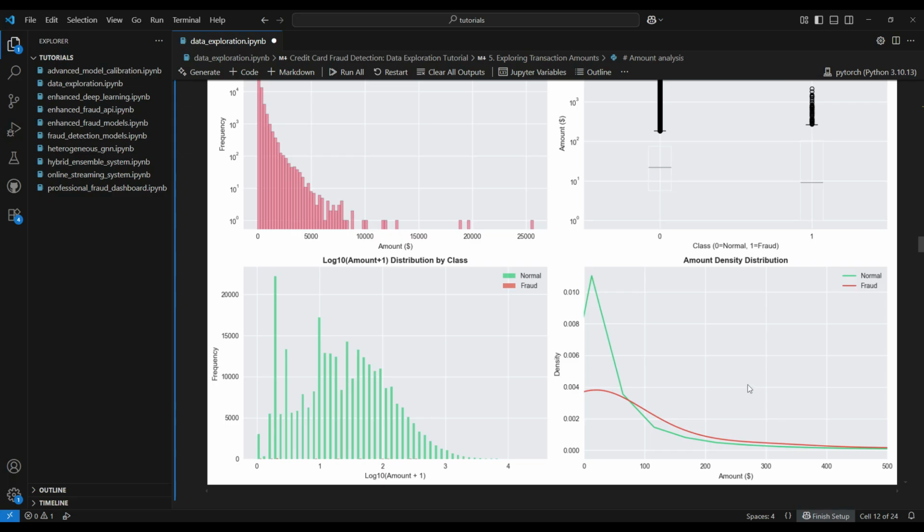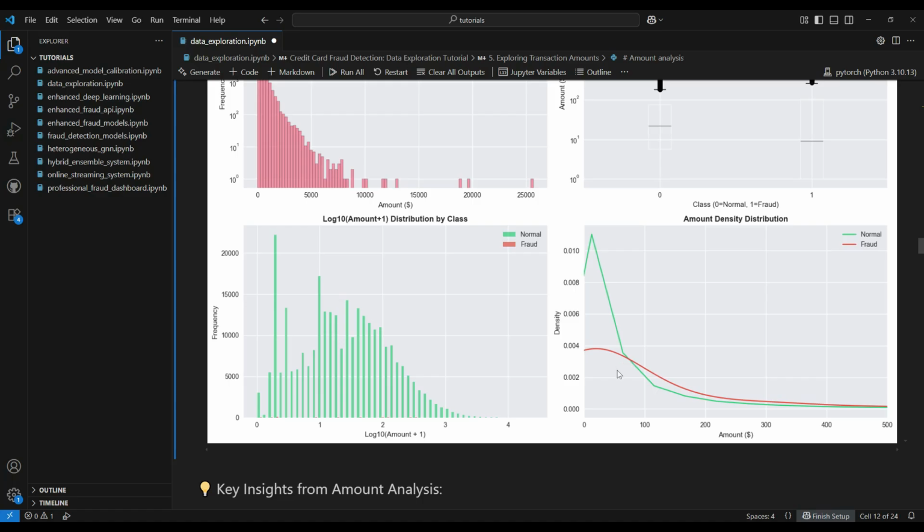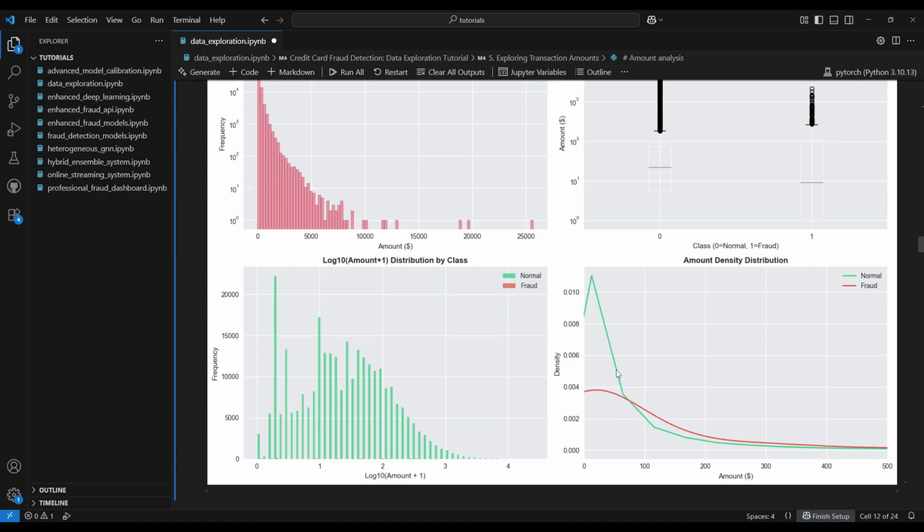The fourth one is the density plot, to show the probability distribution clearly, so you can see normal versus fraud. You may wonder why these four visualizations, because each tells a different part of the story. Together, they prove that the amount would be a useful feature for our models.